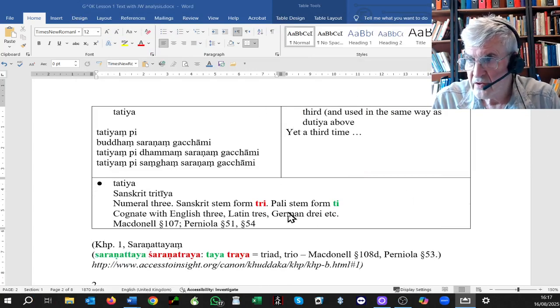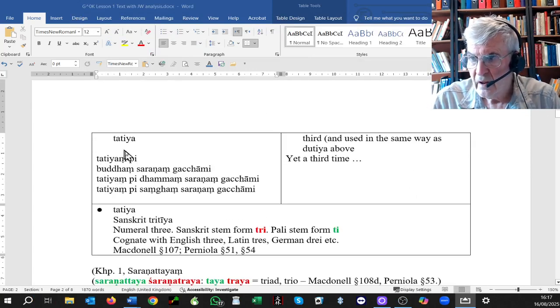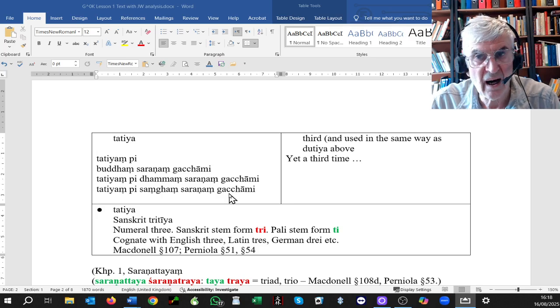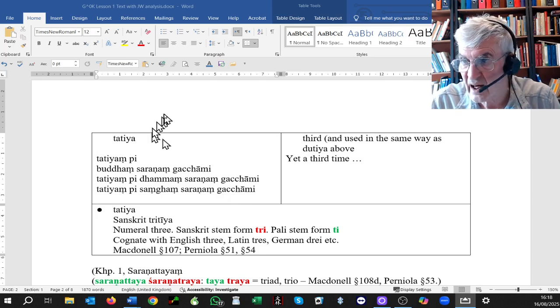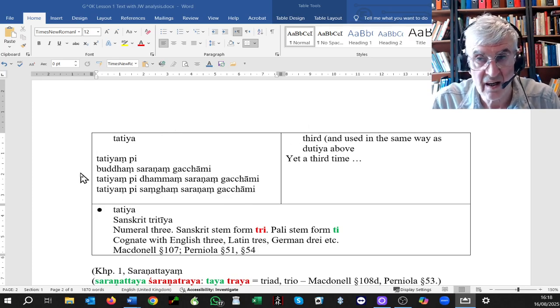So I'll just read this through once more, this last bit. So tatiyampi buddhang saranang gacchami, tatiyampi dhammang saranang gacchami, tatiyampi sanghang saranang gacchami.